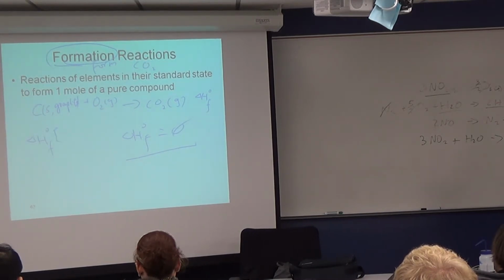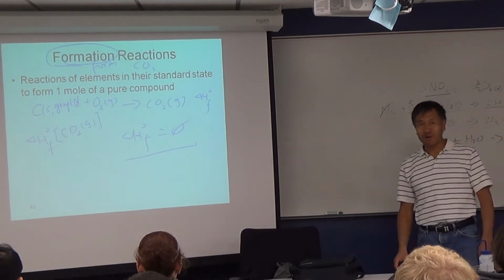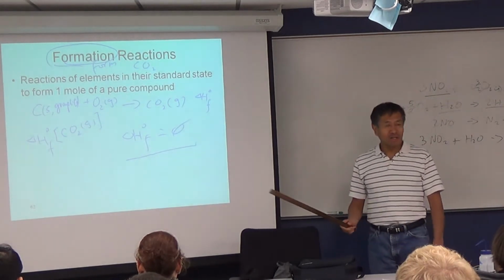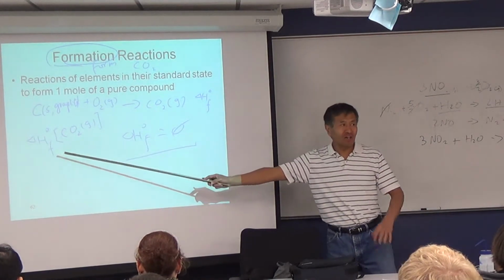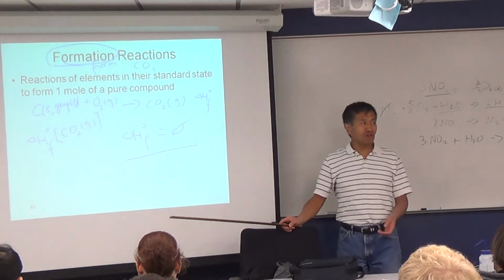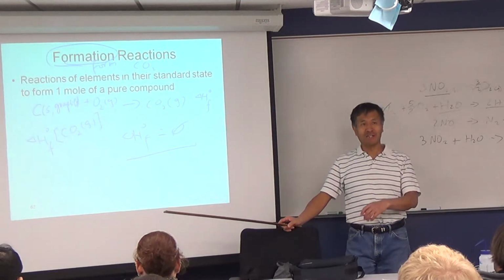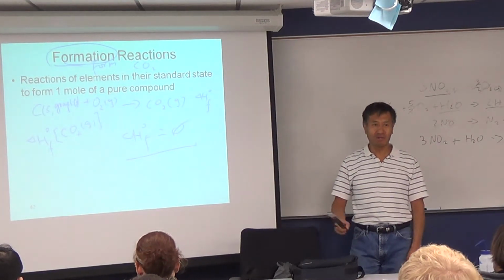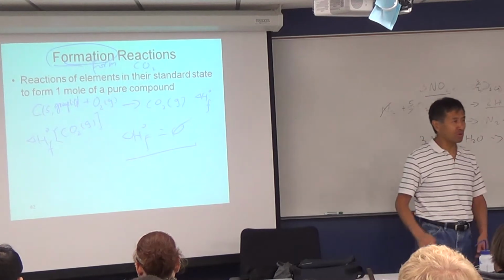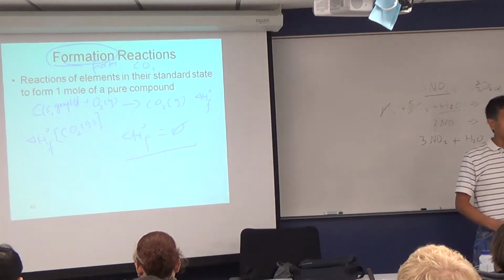I want to write more details. I will say this is for CO2, for CO2 in what state? Gas state. And then I will finish this notation like that. So you're adding little by little. What that means is this number is still a delta H, but with more details, delta H for what and so on. Not really that difficult. Understand?